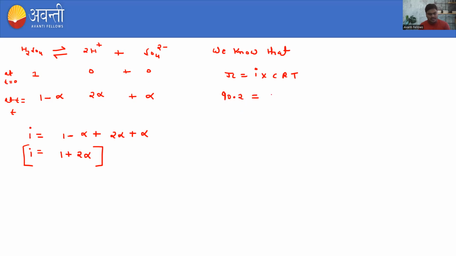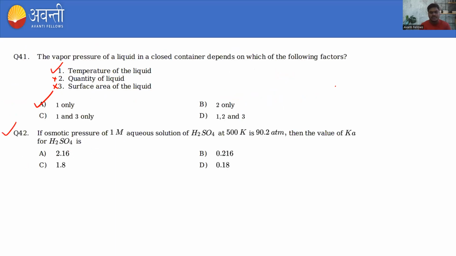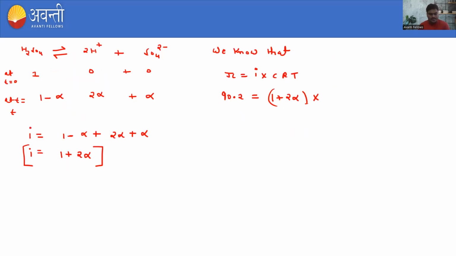What is i? i is nothing but 1 plus 2 alpha. What is C? Concentration is already given, I guess. It is a 1 molar aqueous solution, so concentration is 1 only. R is equal to 0.082, and the temperature is 500.